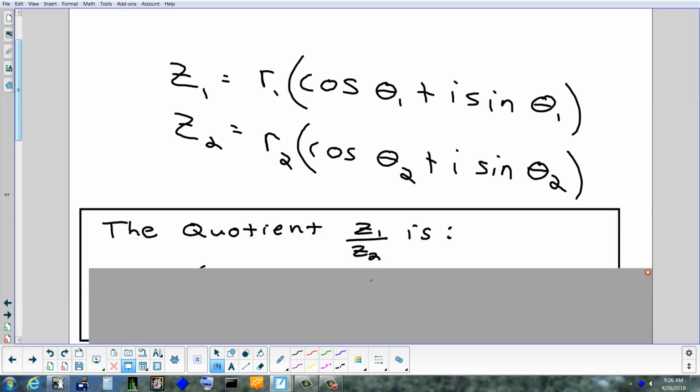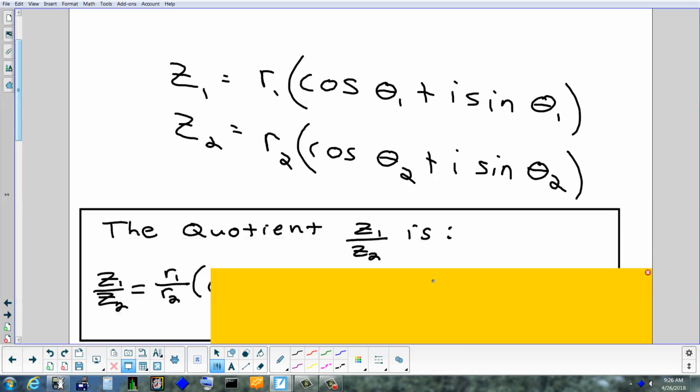So to divide these, to find the quotient, what do you think I'm going to do with R1 and R2? This time, keeping in mind what we did the first time. We're going to divide them. What do you think I'm going to do with theta 1 and theta 2? Subtract them. Okay.